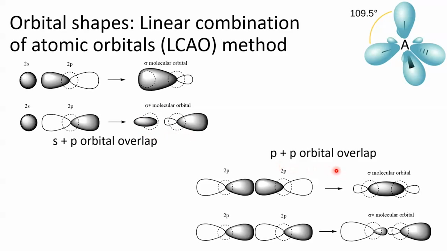We can do the same thing when combining a p and another p orbital together. So either the phase of the orbitals will be aligned to constructively combine together, giving you this sigma bond, or they will be misaligned, meaning they combine destructively in an anti-bonding orbital, destabilizing that bond.